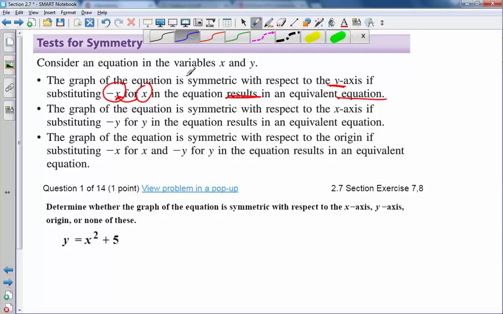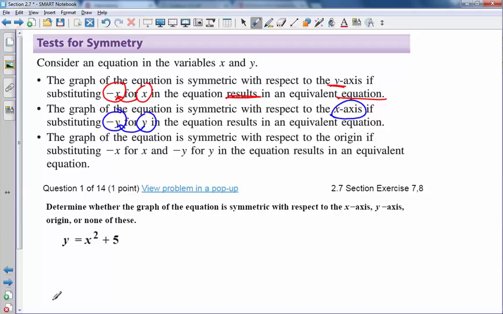For x-axis symmetry, look, the word has x in it. Guess what you're replacing? You're replacing y by negative y. Every y should be made negative y, and you will get a brand new equation and see if it is still equivalent to the original one.